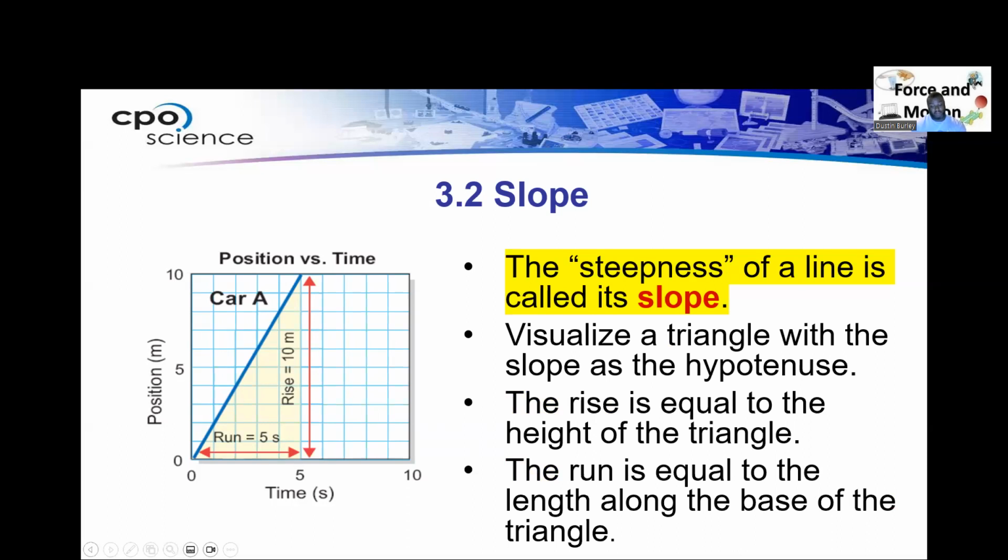And the slope formula is rise over run. So y2 subtract y1 divided by x2 subtract x1.